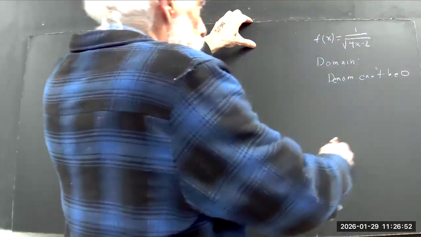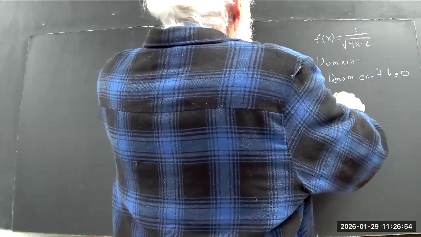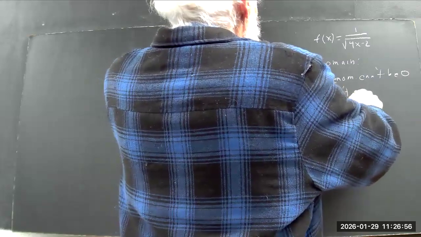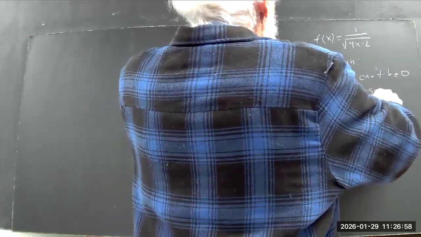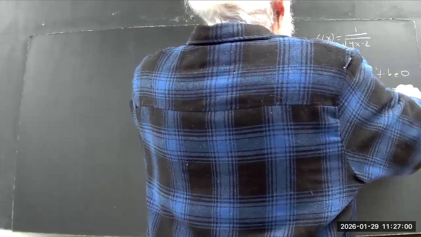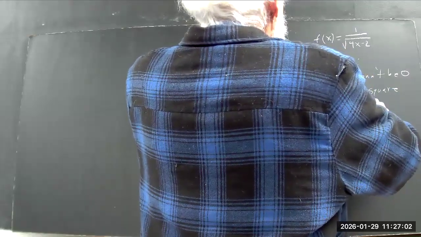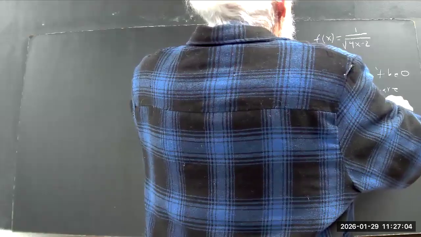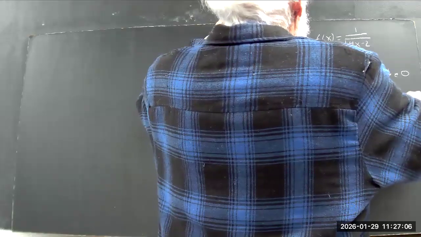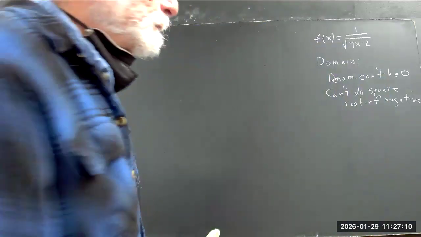If the denominator can't be zero, you can't do the square root of a negative.